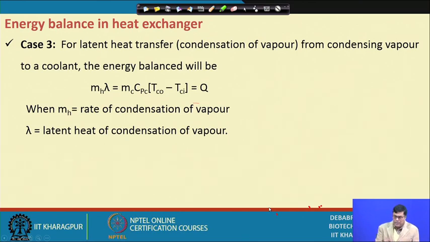Case 3 is the latent heat for the condenser surface and the coolant. It can be expressed as mH lambda equals mC Cp (Co minus Ci) equals Q. mH is the rate of condensation of vapor, and lambda is the latent heat of condensation of vapor.